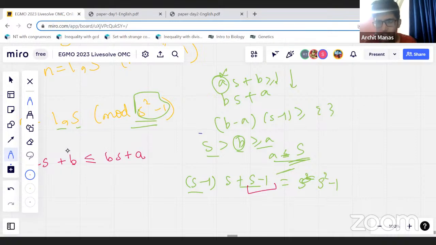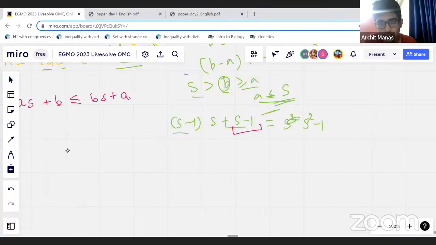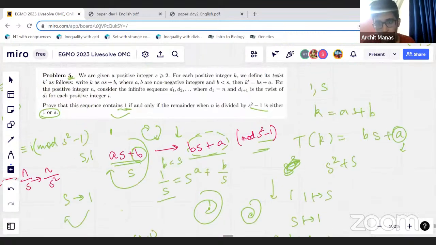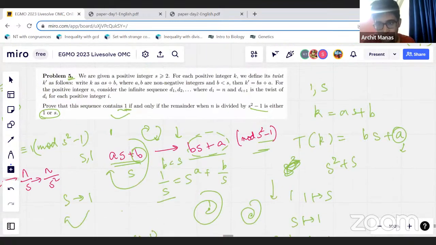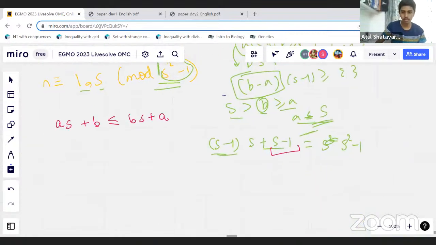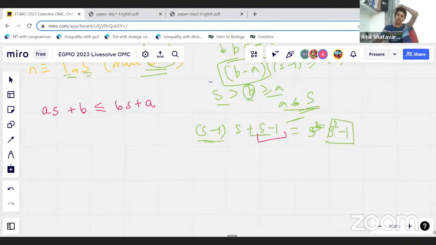B is a remainder, so b has to be at most s minus 1. And a is also at most this, because when you subtract, it didn't decrease, which means b minus a is at least 0. So you get this, which is exactly s squared minus 1, which is impossible because it's congruent to 1 or s mod s squared minus 1. Thank you. Okay, that works.